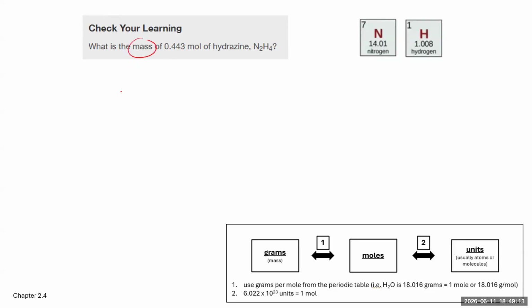So what is the mass of 0.443 moles of N2H4, and we're trying to go to grams of N2H4, right? So now we're going a little backwards, start, and this is our end. So we're going from moles to grams. We're crossing arrow 1. So we need to use the grams per mole from the periodic table. So it's almost exactly the same thing. Let's do it.